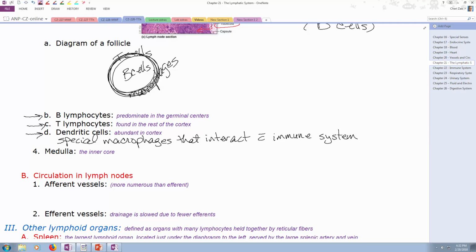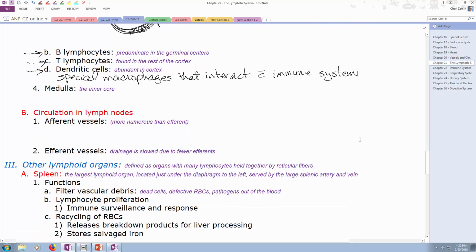And we'll get into that immune system, which are our T and B cells, T and B cell system. When they interact, they activate, or turn on and initiate an immune response. But the dendritic cells are special cells that are able to do that.